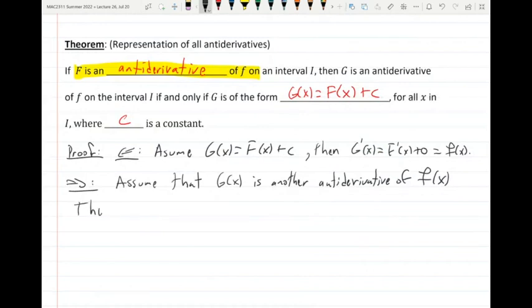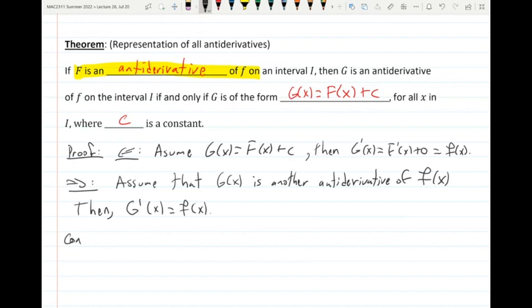Okay. Let's see. What can we say from here? What does it mean for G to be an antiderivative of little f? What does that mean? G prime is that. Very good. You know, that's the definition. That means if I take the derivative, I'm going to get little f. Everybody okay with this? All right. Now, here is the trick, or I guess the clever idea to argue this theorem, is that now we're going to introduce a new function.